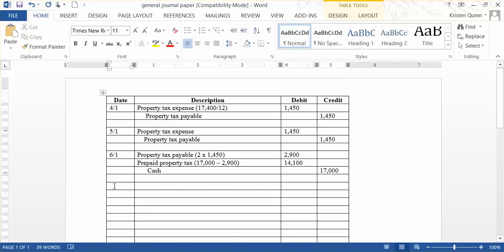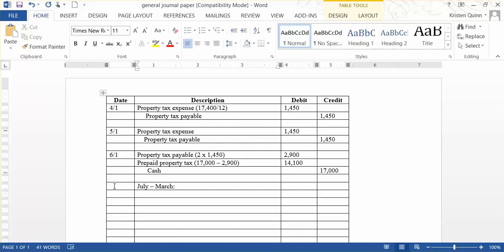They also asked us to calculate how much we would be recording from July through March in terms of property taxes. So from July through March, we would journalize the same entry.